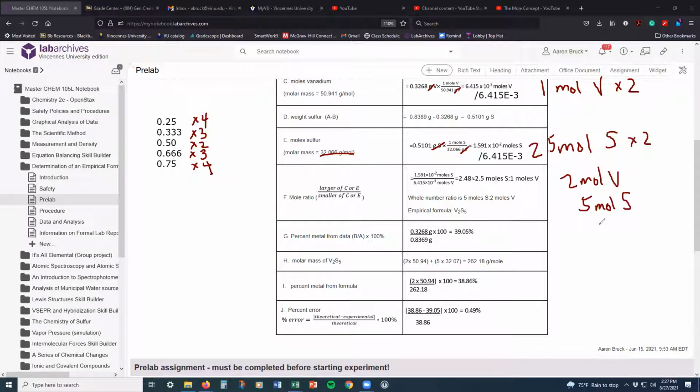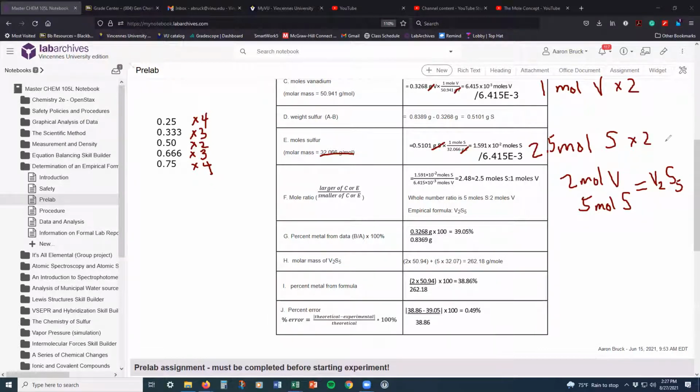Now that I have both of these as whole numbers, I can turn them into an actual chemical formula, V2S5. Before this point, I couldn't do that because I either had funky looking decimals or fractions.